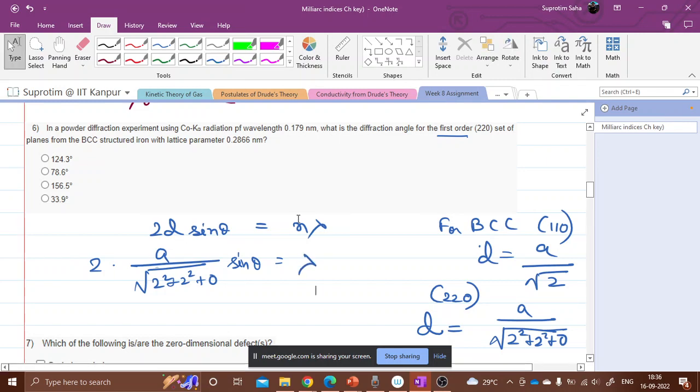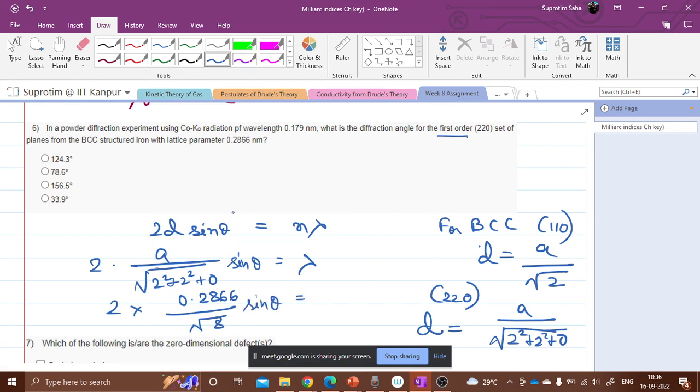So the lattice parameter is 0.2866 over root 8, and lambda is 0.179.